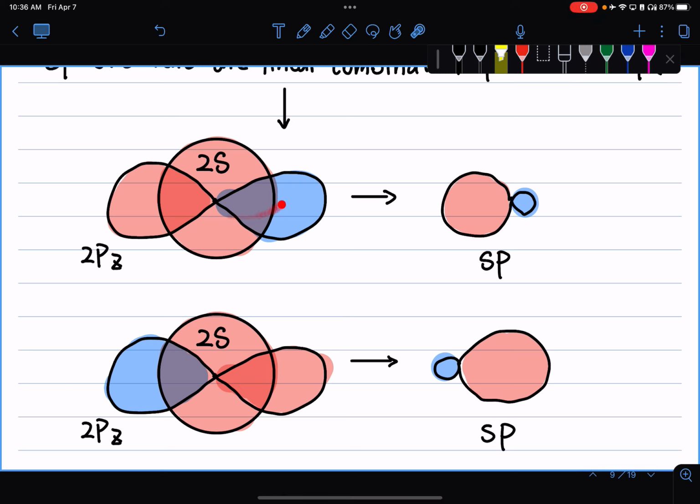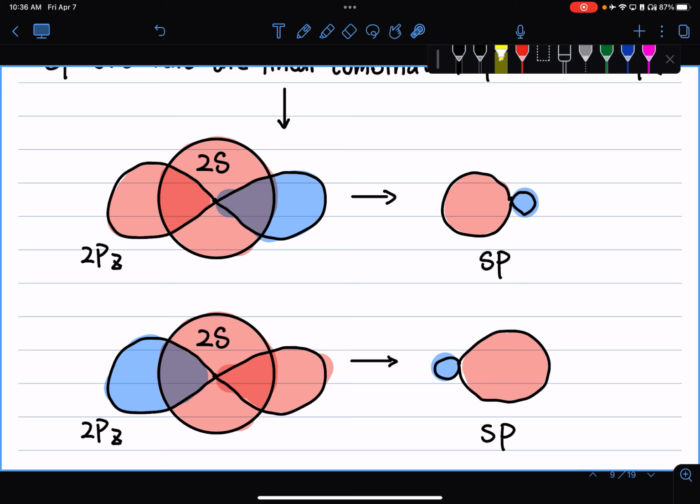All right, so what we're doing here in making that hybridized atomic orbital is just putting the 2s and the 2p on top of each other, and then shade your 2p accordingly. You have 2 different ways to shade it. And then you create 2 different types of hybridized atomic orbital.